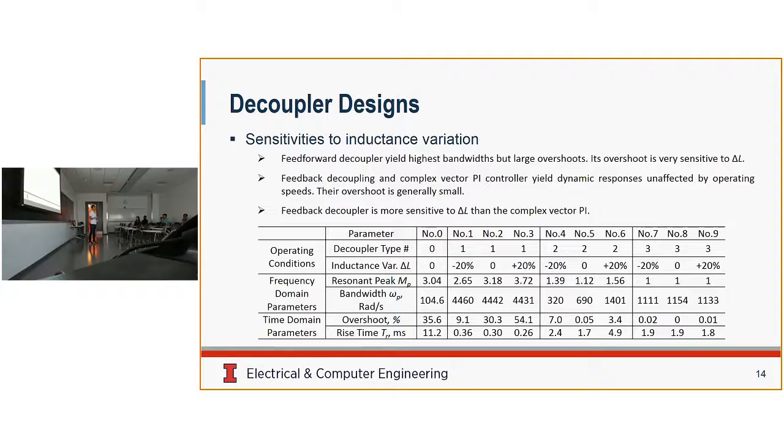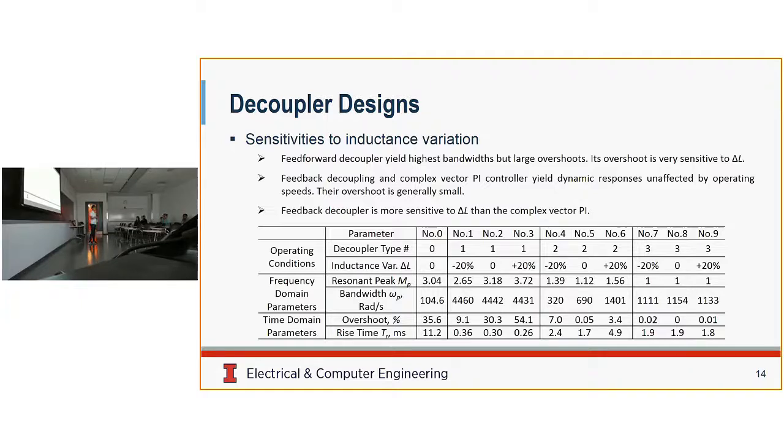And for the resistance change, I haven't been able to perform an analysis on that, because first, it is less severe than the inductance variation. Inductance variation is hard to predict sometimes, and it's very non-linear.